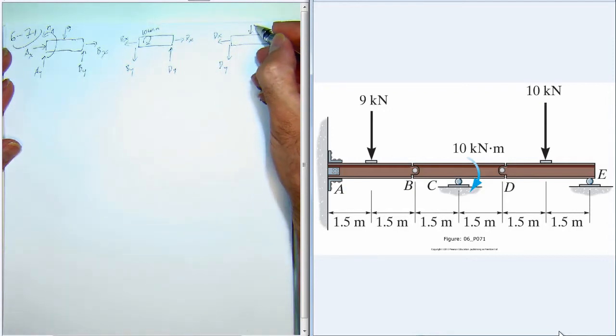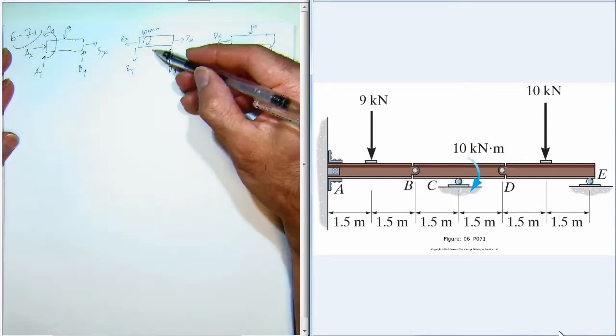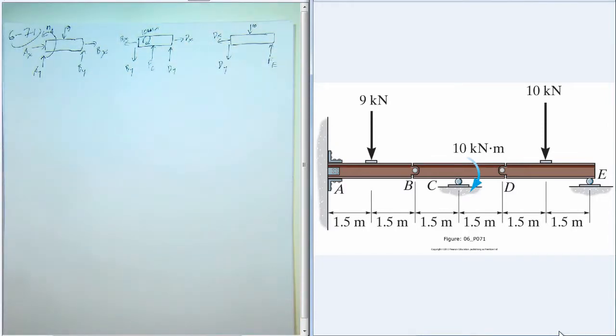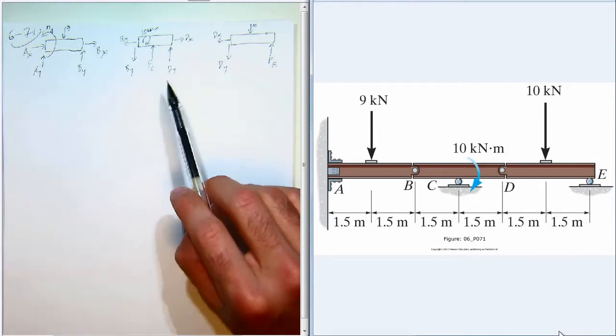Got 10 kilonewtons down, and then the reaction at E, call it Fe. Oh, and I left off something, the support at C, that's pretty important, so Fc. C is the point in the middle, where the support is.